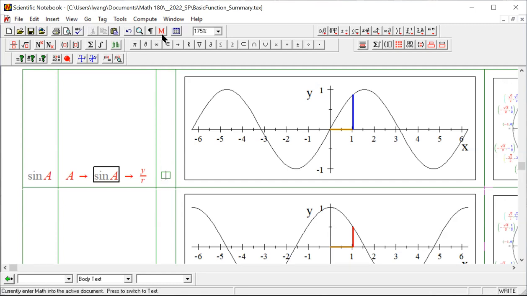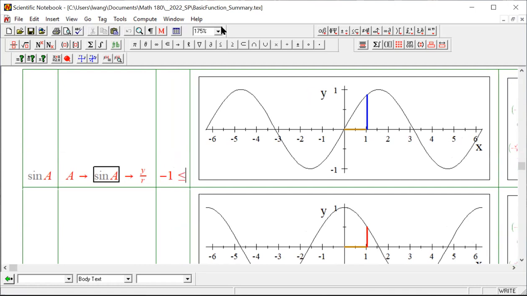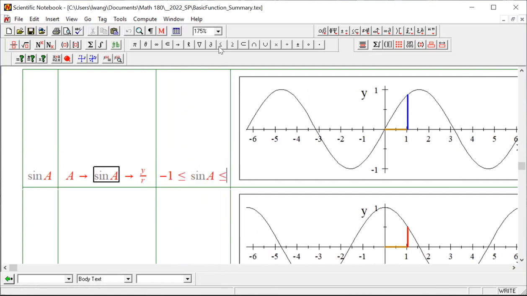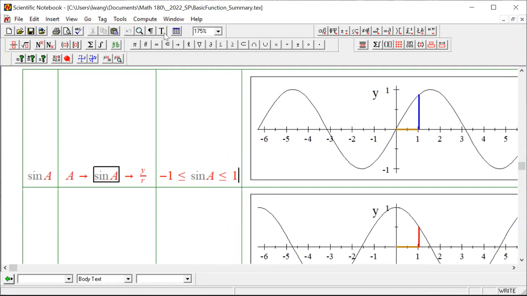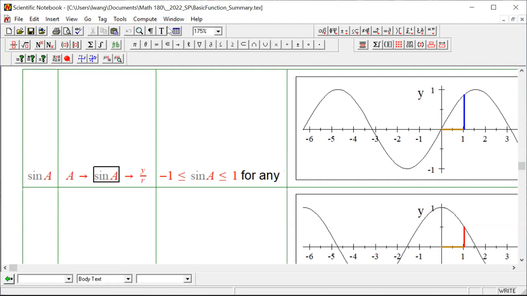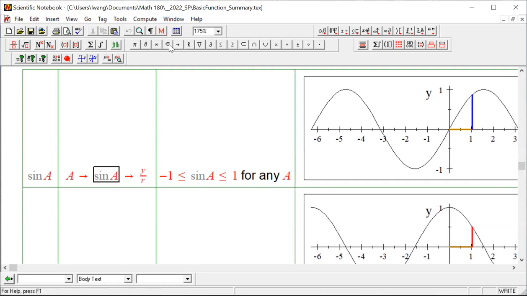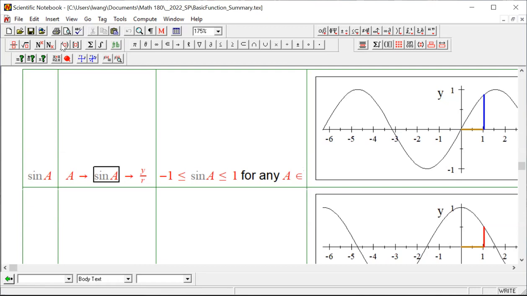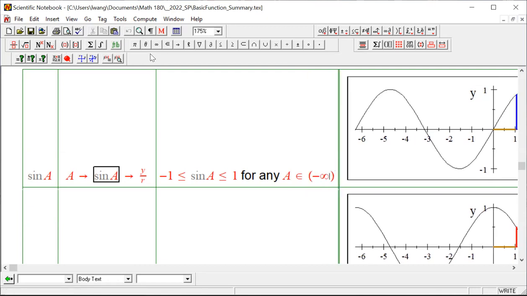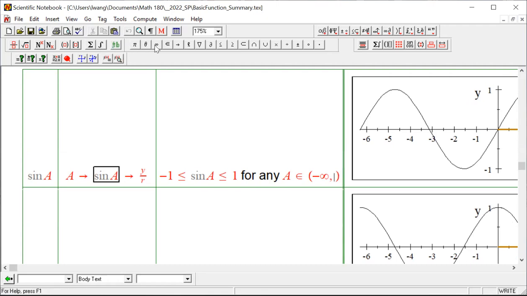Domain and range for sine is negative 1 is less than or equal to sine of A, which is less than or equal to 1, for any real number, which belongs from negative infinity to positive infinity.